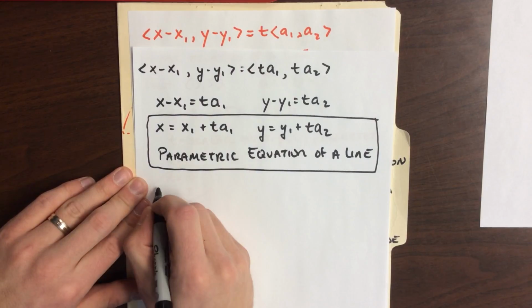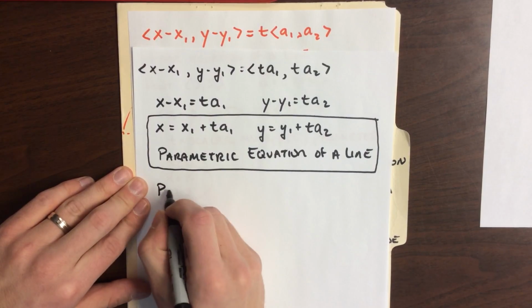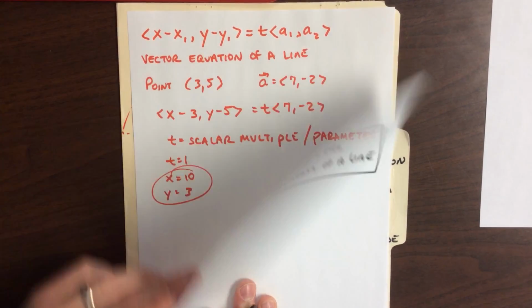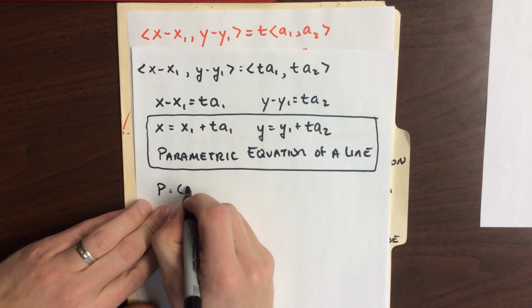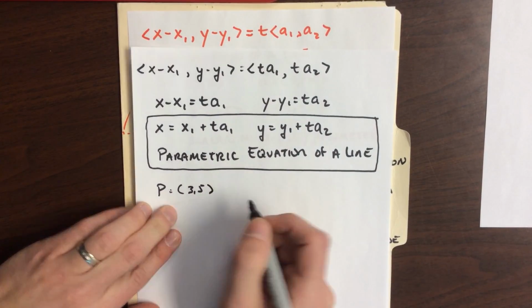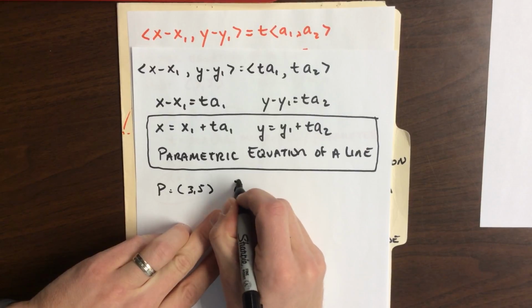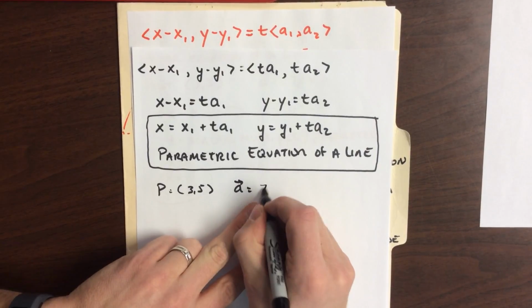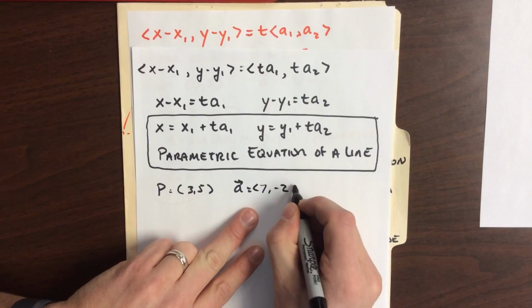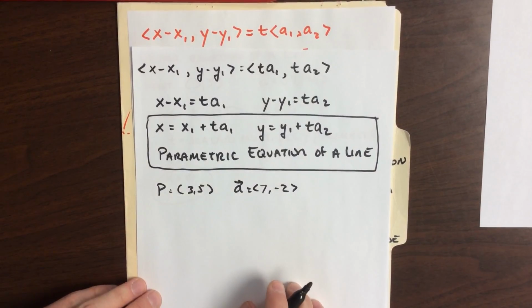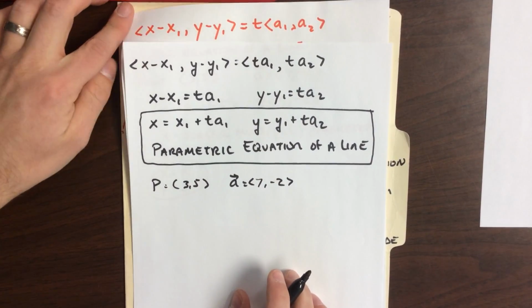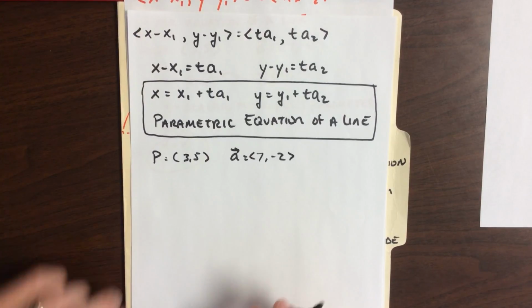In that last example, our point was 3, 5, and our vector was 7, -2. That's going to turn into a parametric equation of a line.